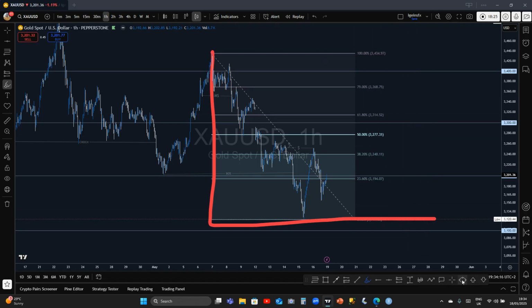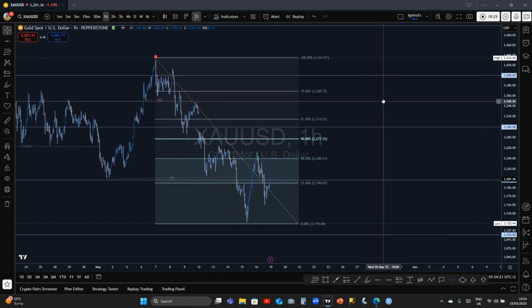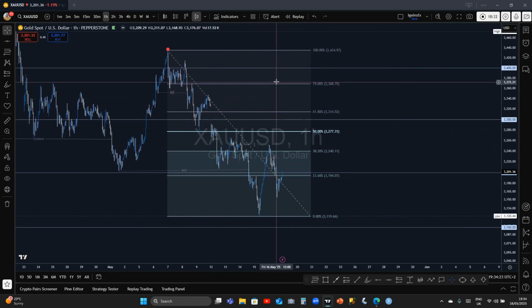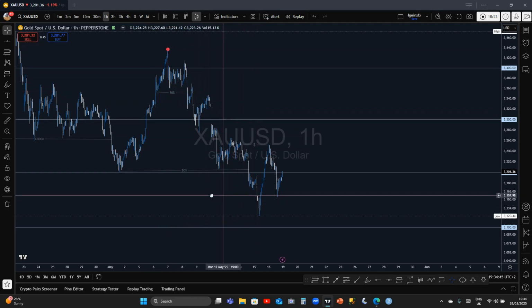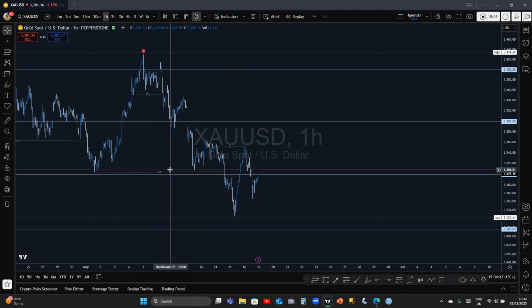At this point, what we need to do is wait for price to push up to a premium level. Because you see this point, this is the last break of structure after this market shift, because this is the leg we are trading on.